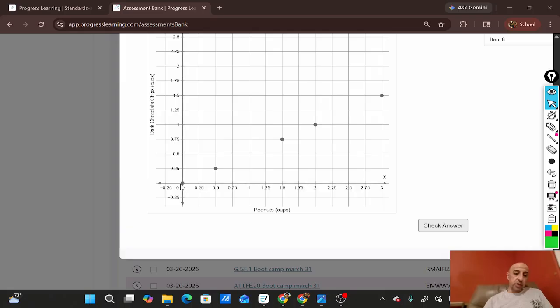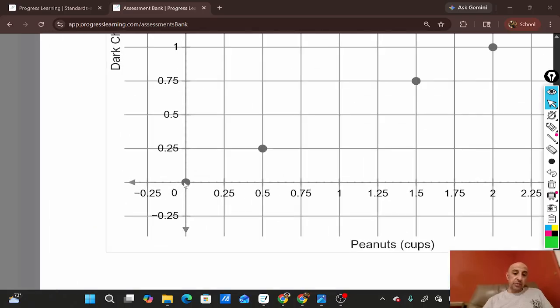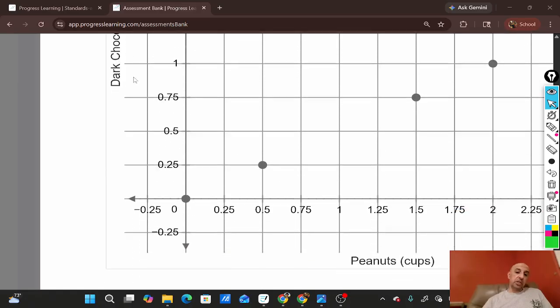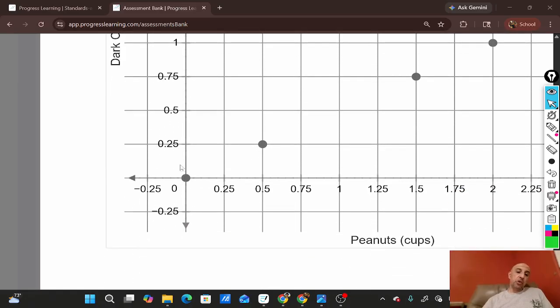So let's talk about some of the points. We start with the point (0, 0), which is 0 cups of peanuts and 0 cups of dark chocolate chips. We cannot use this point to find the unit rate, but we can use another point.